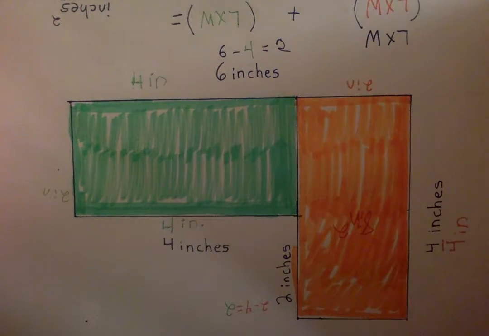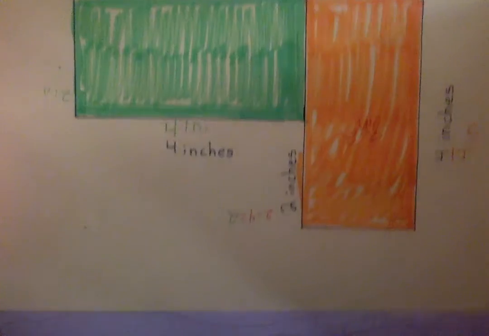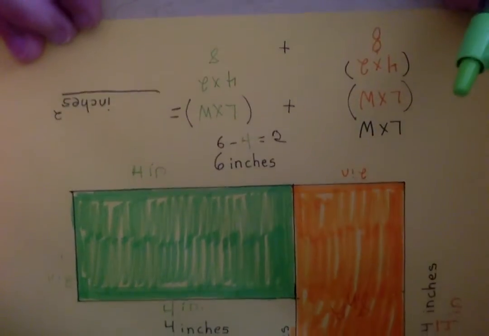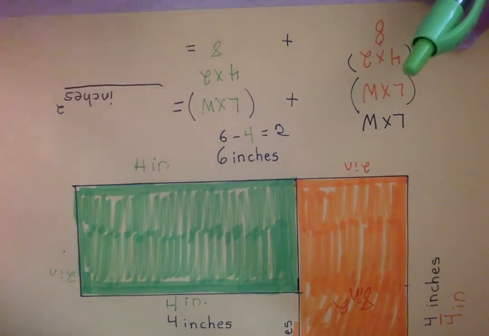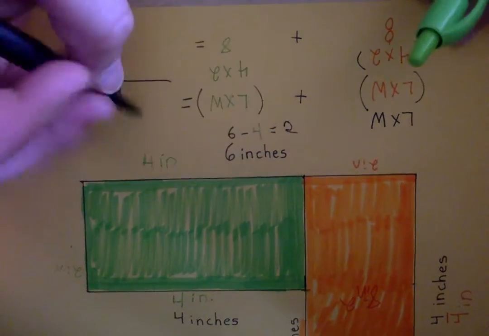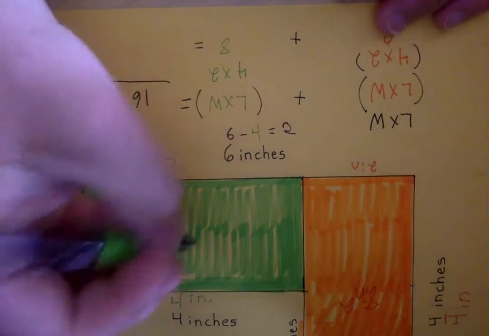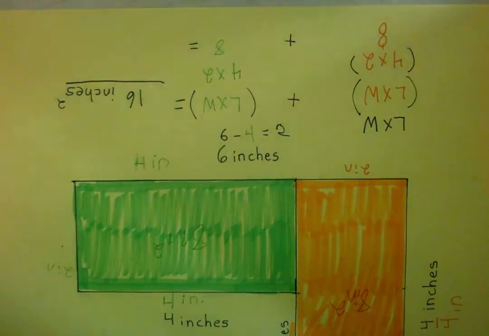So now the last thing I have to do is add down here. 8 plus 8 is going to equal 16. I know that I have 8 inches squared here, and 8 inches squared here.